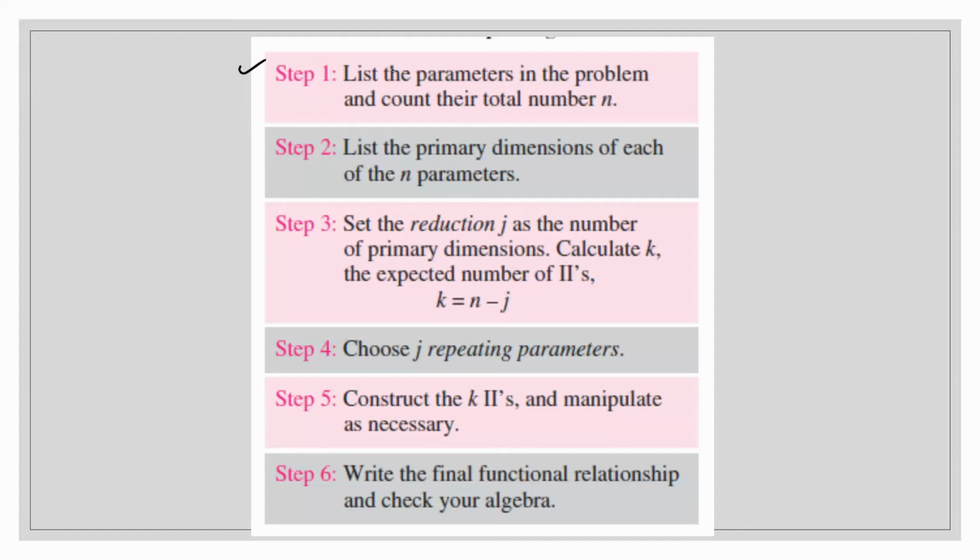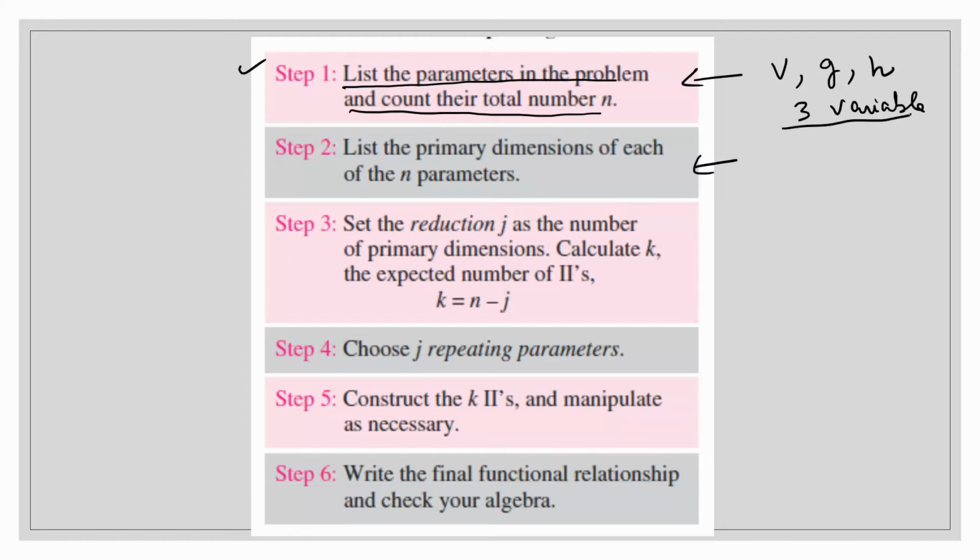The first step is to list the parameters in the model and count their total number. If we talk about our previous example, there were three parameters, that is, variables V, G and H. And then we need to count the primary or primitive dimensions.